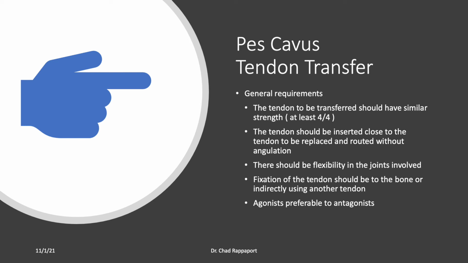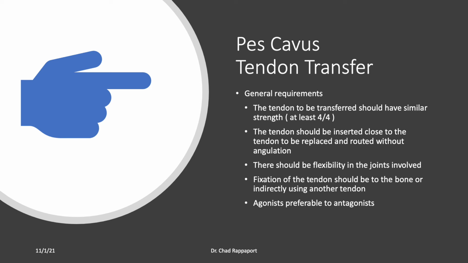Generally, the requirements for a tendon transfer: the tendon to be transferred should have similar strength, at least 4 out of 4, to the tendon you're transferring it for. The tendon should be inserted close to the tendon to be replaced and routed without angulation, as of course this will affect its torque and pull. There of course should be flexibility in the joints involved.